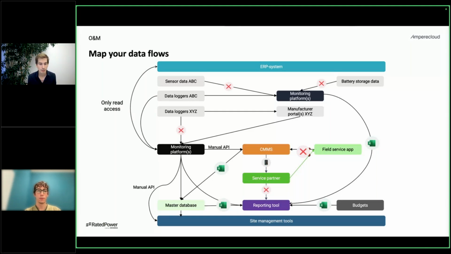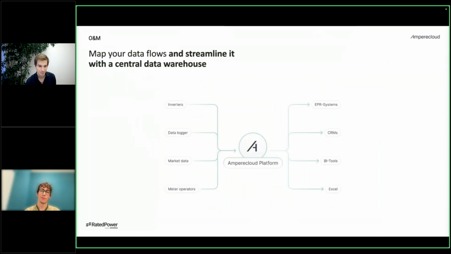And then additionally, there might be other systems you need to integrate as well, such as a CMMS, a BI system, an ERP system, where you need to transfer data manually because there are no APIs. And this is something that we want to change. And how we're going to do that, you can see in the next slide.